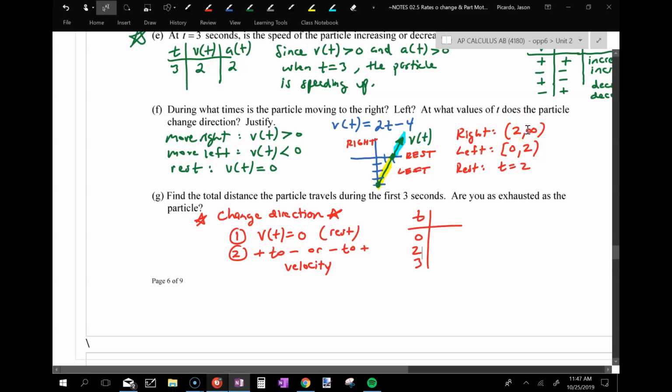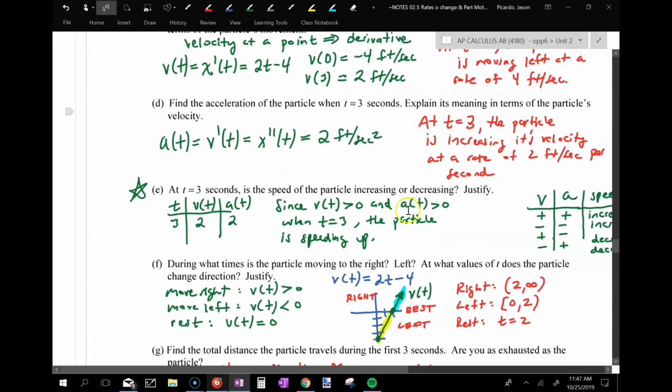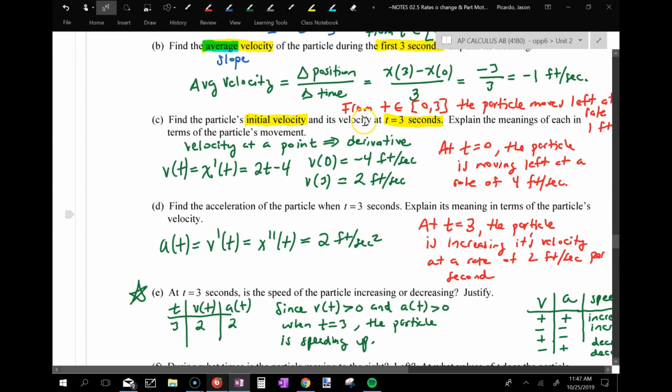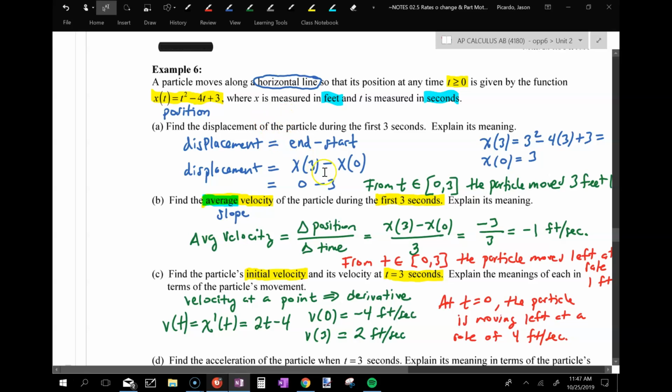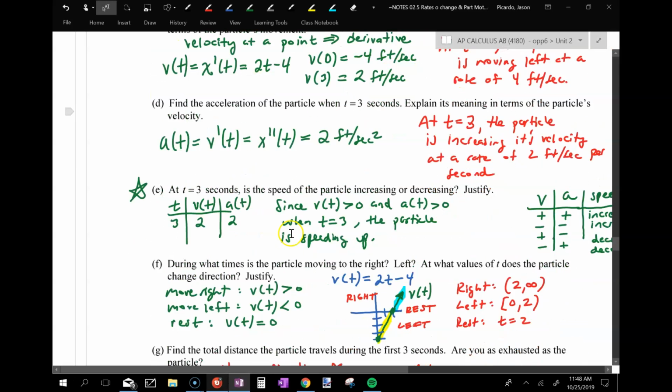After 2, it was moving right. So I had a negative to a positive velocity. I hit 0, everything's there, so that had to have been a turning point. Cool? So where was I to begin? Well, x of 0 was 3, and x of 3 was 0, right?